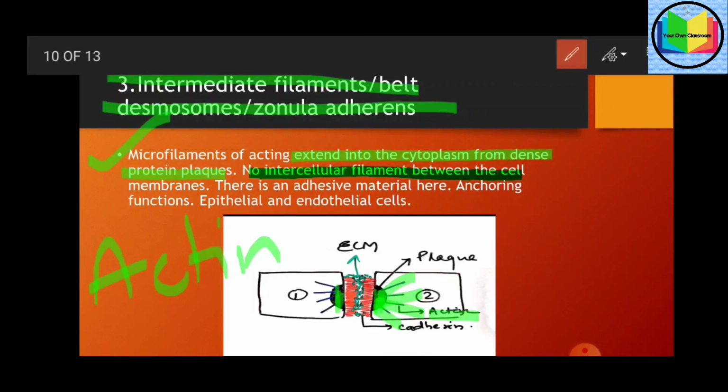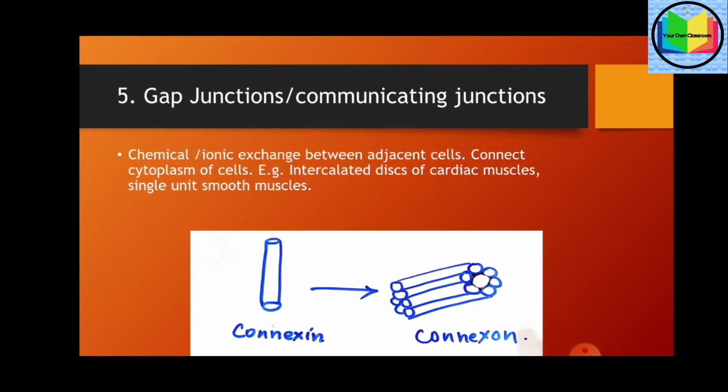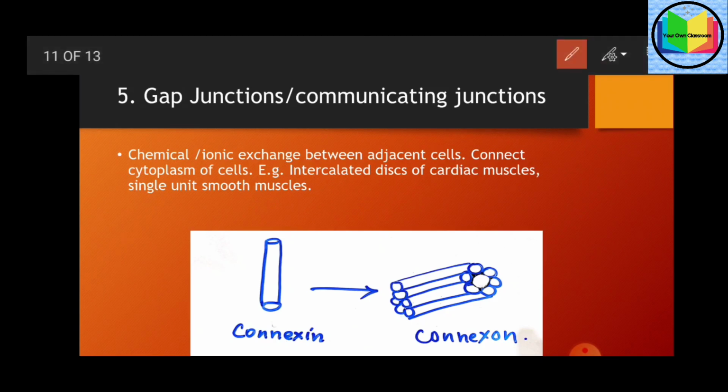There are no intercellular filaments between the cell membranes, rather adhesive material called cadherin is present in between them. And this intermediate filament also serves the function of anchoring, and its location is epithelial and endothelial cells.